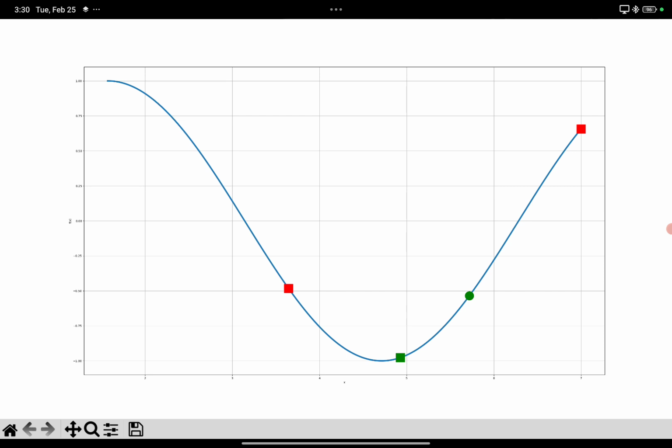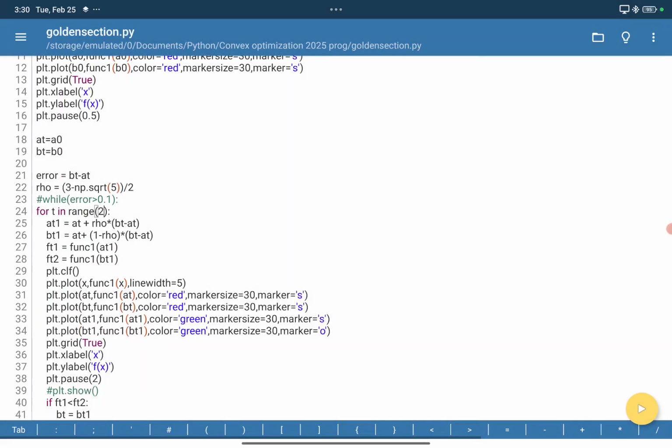So at step 2, you only retain the region between the two red dots, my a1 and b1, and my a2 and b2 are going to be the two green dots. Next step, you should eliminate the rightmost part, because f of a2 is less than f of b2. And the same process continues.